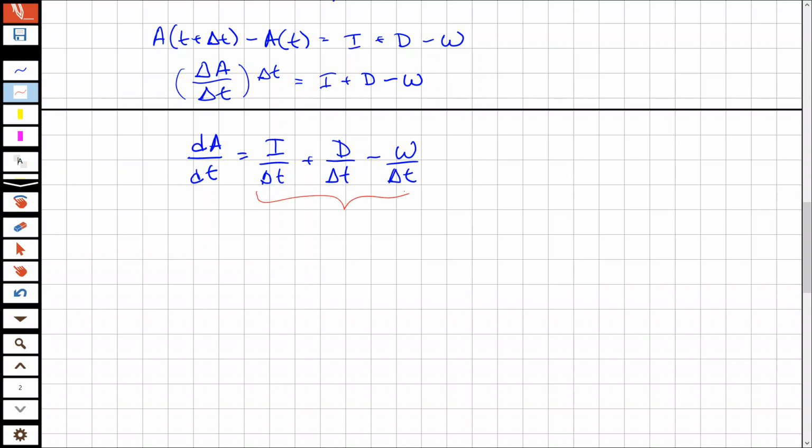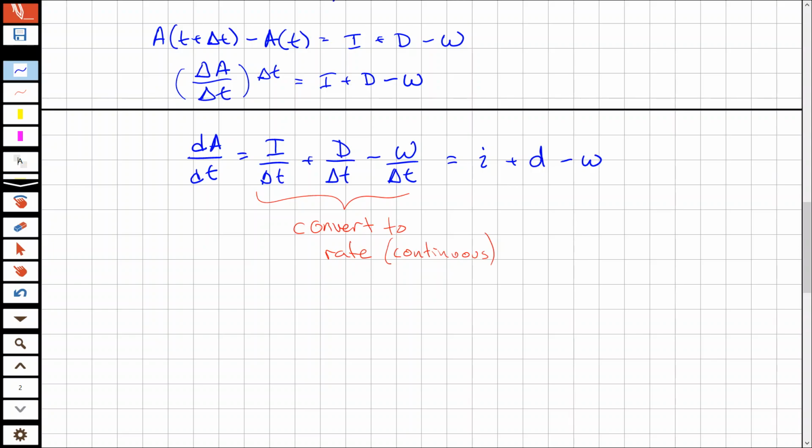So what I'm going to do instead is convert this to a rate. These will be continuous rates, and they will not actually reflect what I'm looking at in terms of accounting. But if I convert these to rates, we'll just use the lowercase of each of those letters: i plus d minus w.